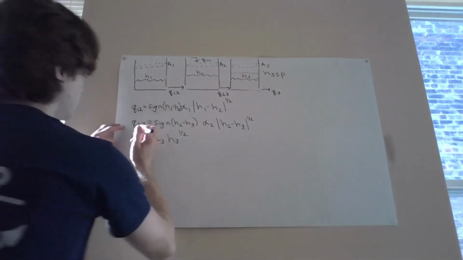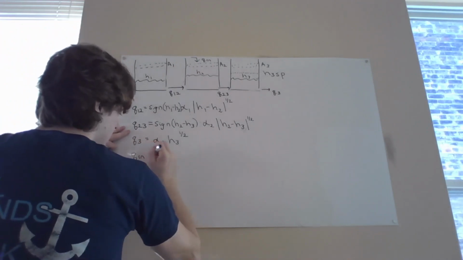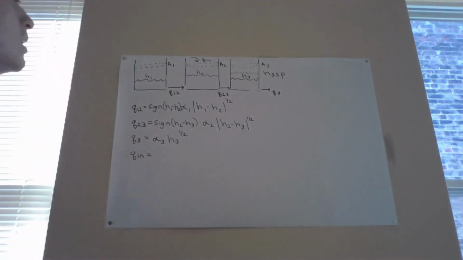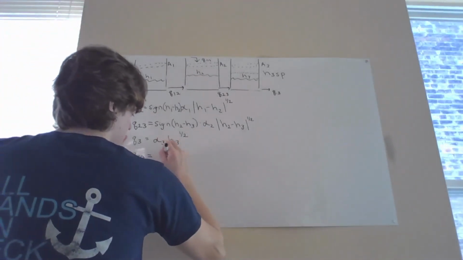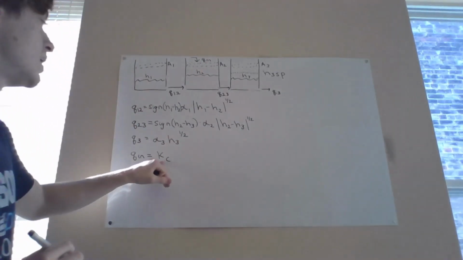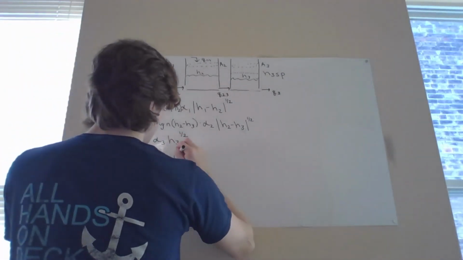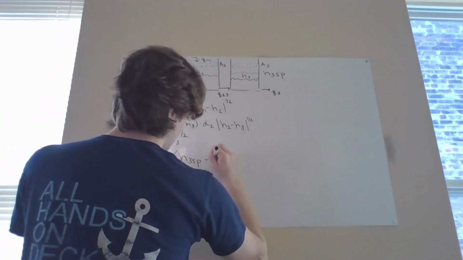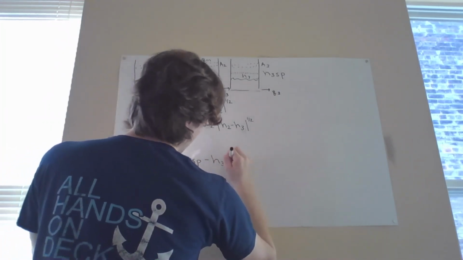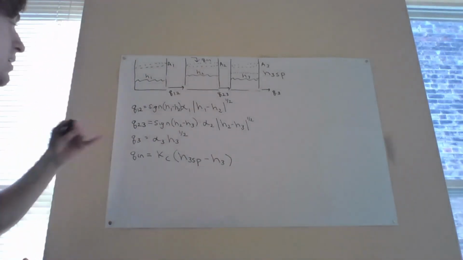So how we're going to do this is the flow rate into tank 2 will be the proportional gain, which is represented as Kc, which is just a constant, times the difference between the set point that we want to reach and the actual height of the liquid in tank 3. So now we have all of our rates defined.